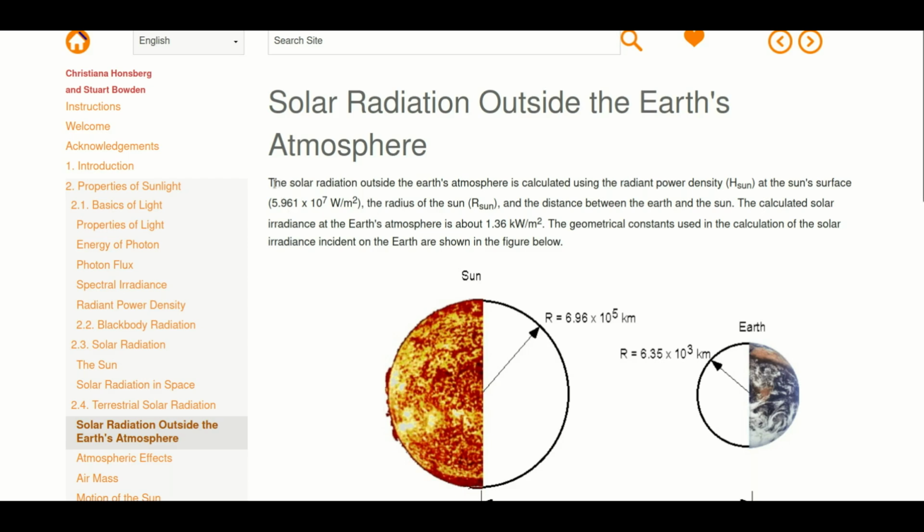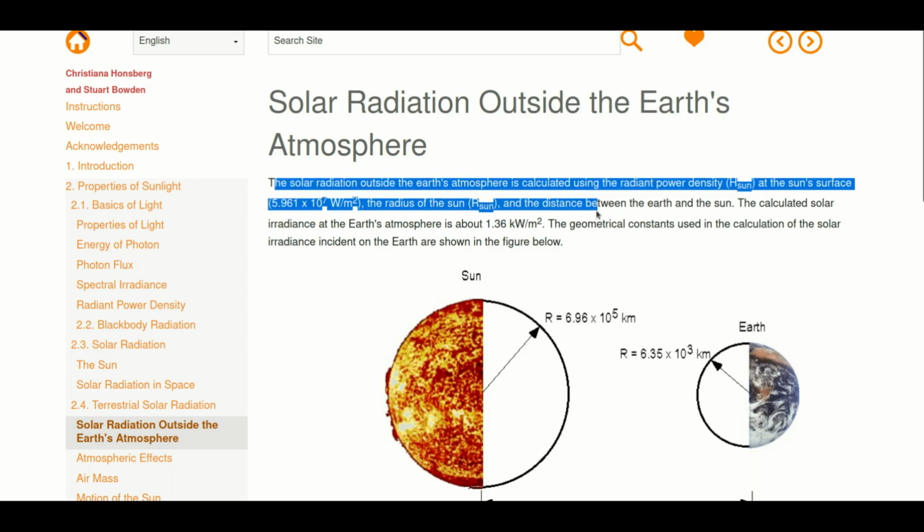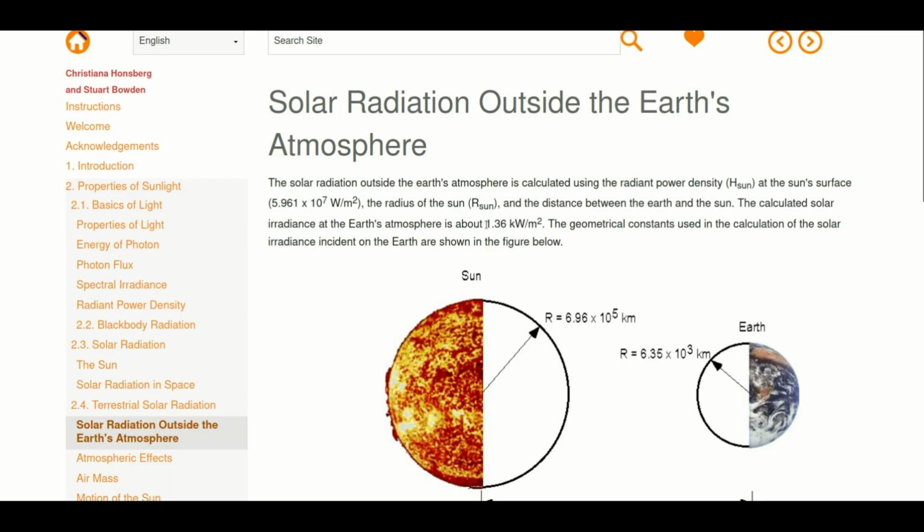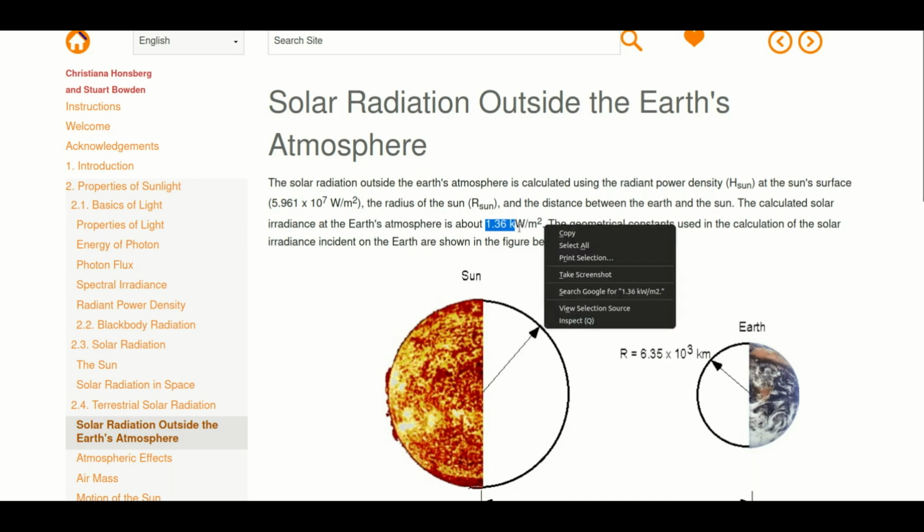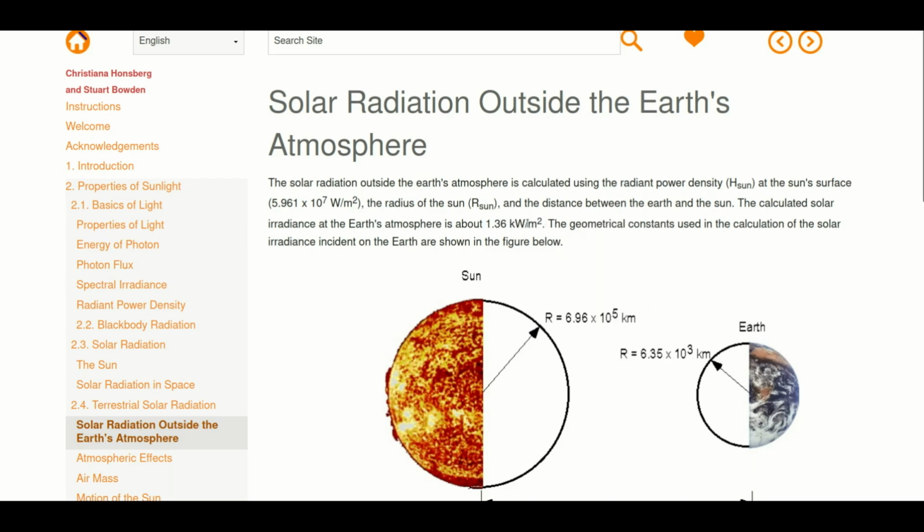Spacey stuff we don't have to worry about. What we need to get is this. It's 1.36 kilowatts per square metre at the Earth's atmosphere. So once it's been through the Earth's atmosphere, it's 1,000 watts a square metre, or 1.0 kilowatts per square metre. So there's my ratio. It's basically that.